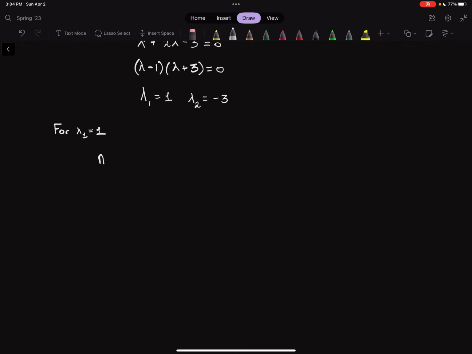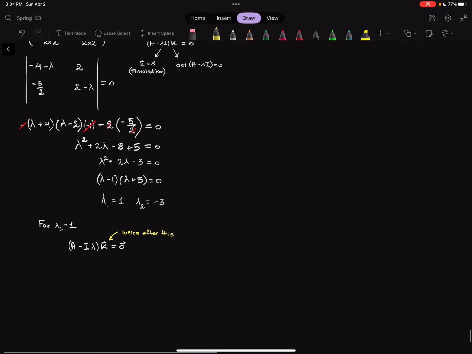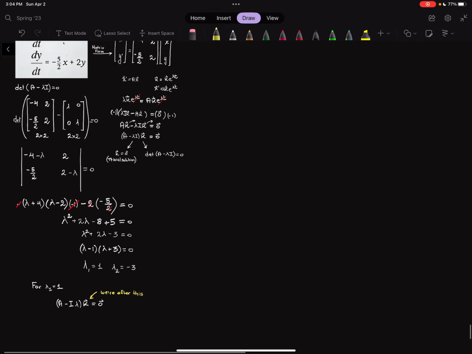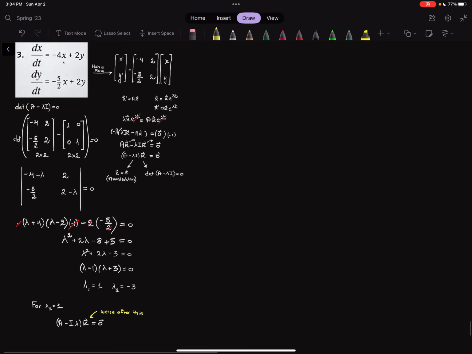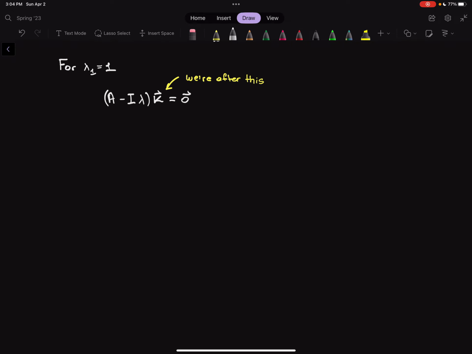It's going to be A minus I lambda times k. It's going to be equal to 0, and we want to find this k. We're after this. Okay, let me just show you where we're at so far, right here.